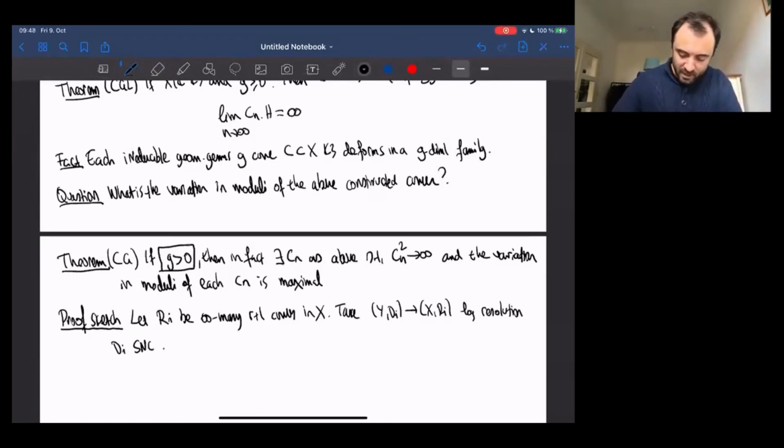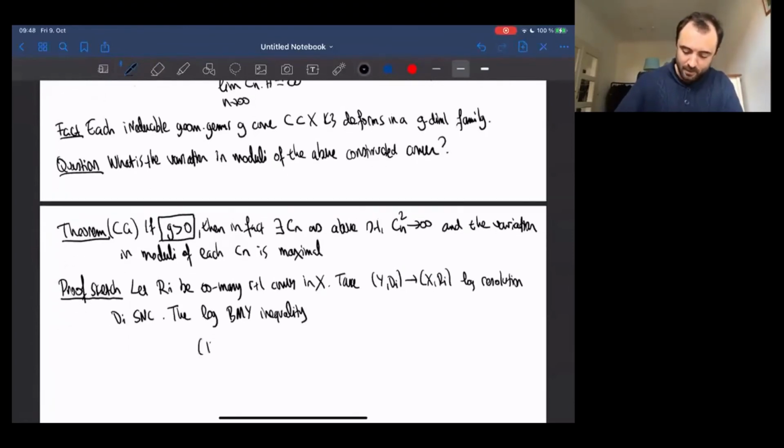Okay, so in this case, the logarithmic Bogomolov-Miyaoka-Yau inequality basically tells us that for each i, well, sorry, there should be an i here as well, the Y depends, of course, on R_i. So (K_{Y_i} + D_i)^2 is less than or equal to 3 c_2(Ω_{Y_i}(log D_i)).